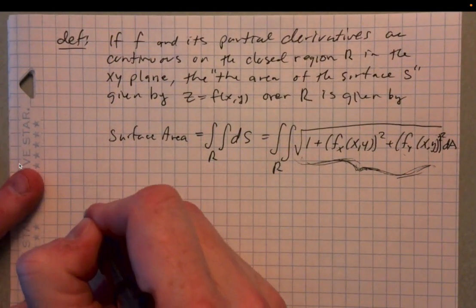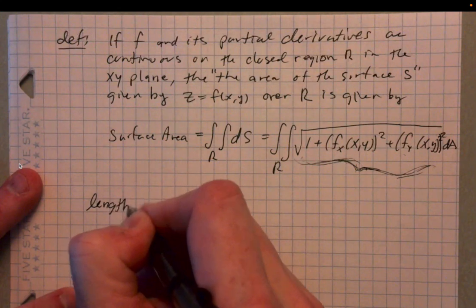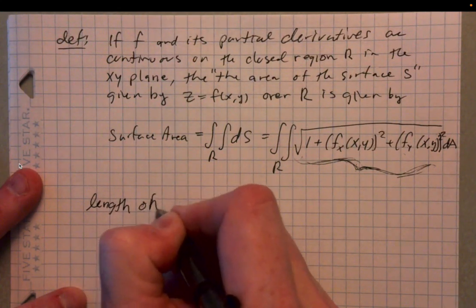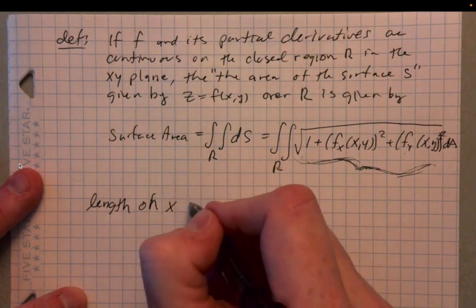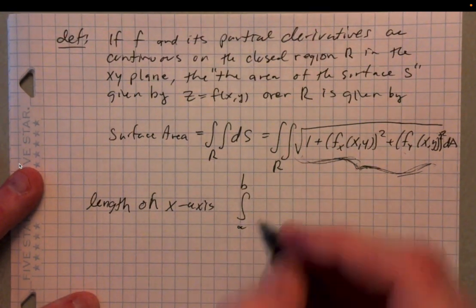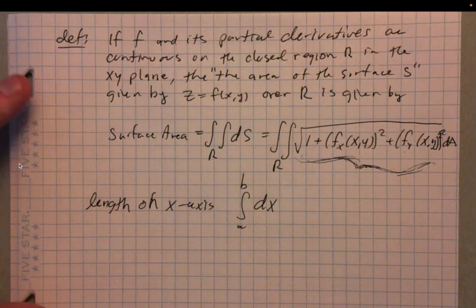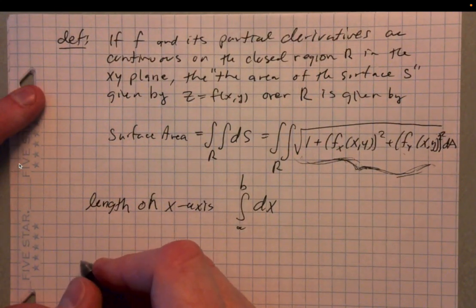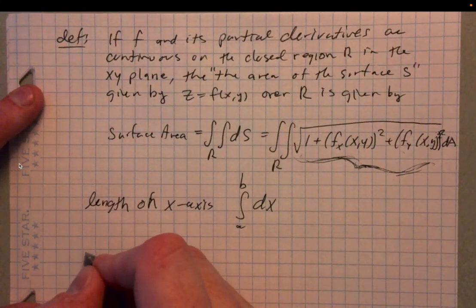So if you think about it like this, in Calc 2 we had the length on the x-axis, and we would have calculated it like this, from a to b of dx. So simple thing. But then we had a length in the xy plane.